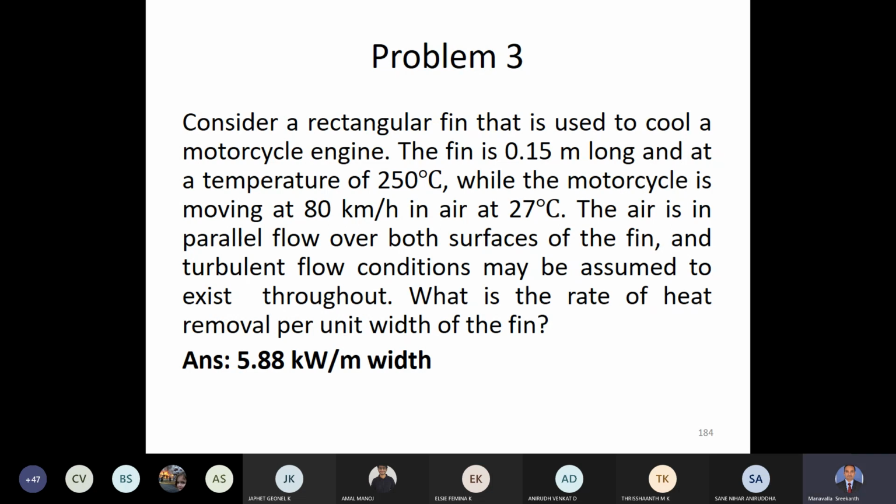Okay, so here we have a flat surface. Now in this case, fluid is flowing on both sides of the surface. Unlike the previous case, here we have both sides.